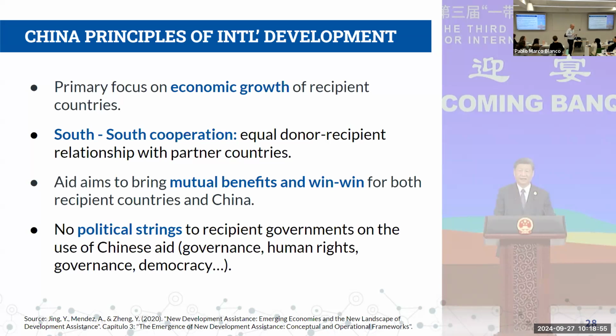It's saying, I'm giving you aid, but not just because of my kind heart, but also because through this aid you can improve, and I can improve too. The theory is that this creates a more balanced relationship. And as I said, no political strings, other than not recognizing Taiwan. That's the only red line, basically.